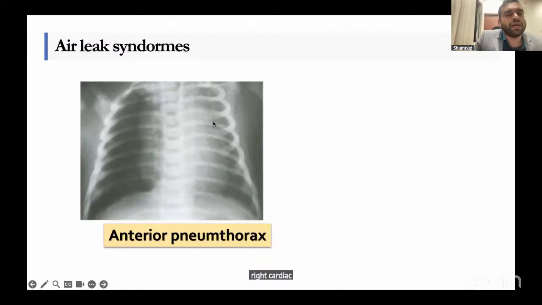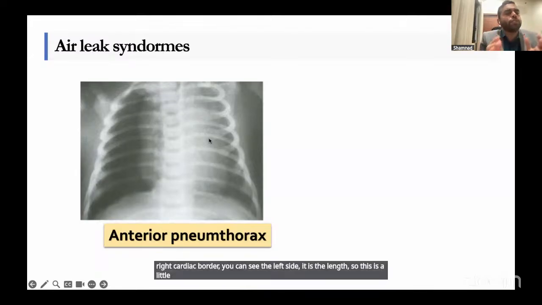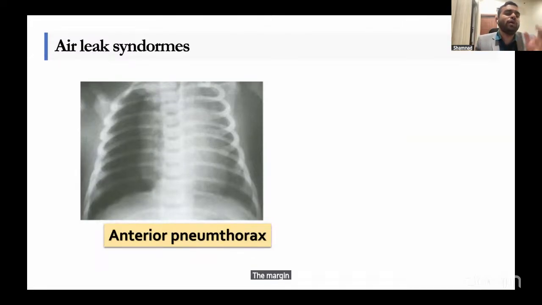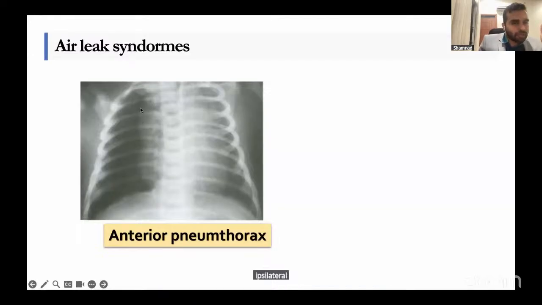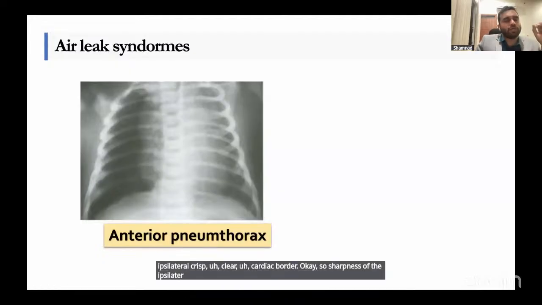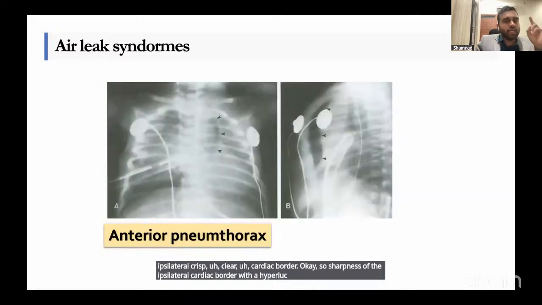You can see on the left side, it is the lung, so it is a hazy margin. The margin of the cardiac border with the thymus and left lung is not appreciable clearly, whereas in anterior pneumothorax, you can see an ipsilateral crisp, clear cardiac border. So keep in mind the sharpness of the ipsilateral cardiac border with hyperlucency of the right hemithorax.